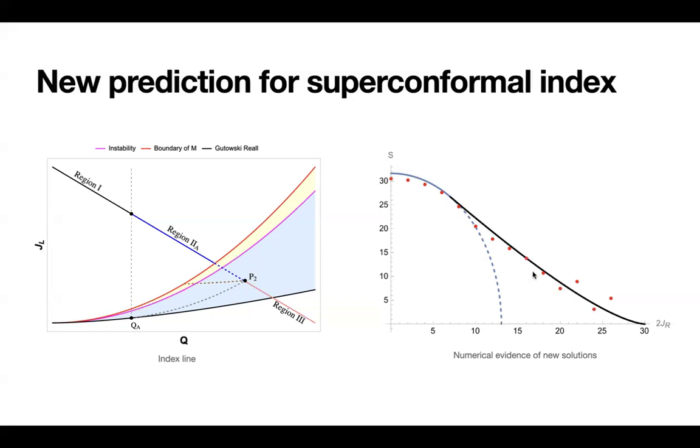So these solid curves are what we predict from these bulk solutions, and we numerically computed the superconformal index in the field theory, and the numerical prediction is this red dotted curve, and we see that there is some indication that these new solutions exist from this numerical calculation.